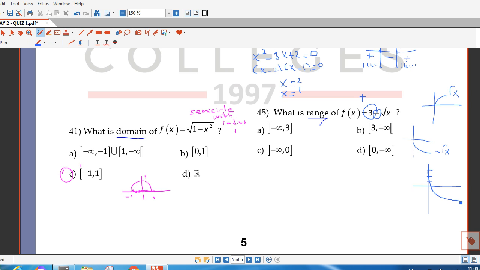The graph is going to be like this, so the range will be from negative infinity till 3. 3 is closed. Answer is A.